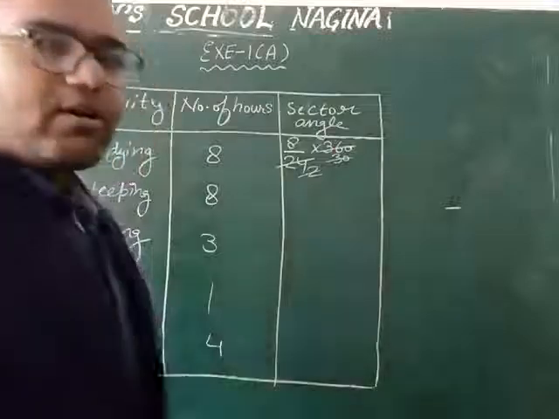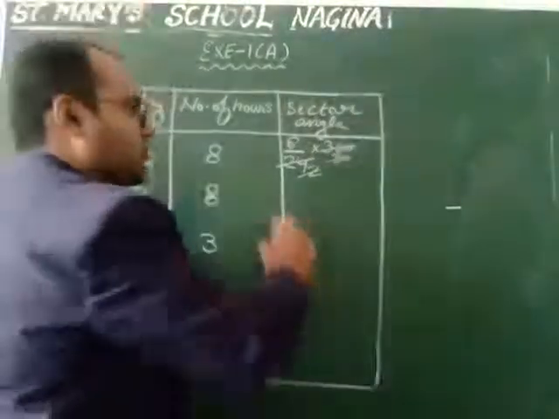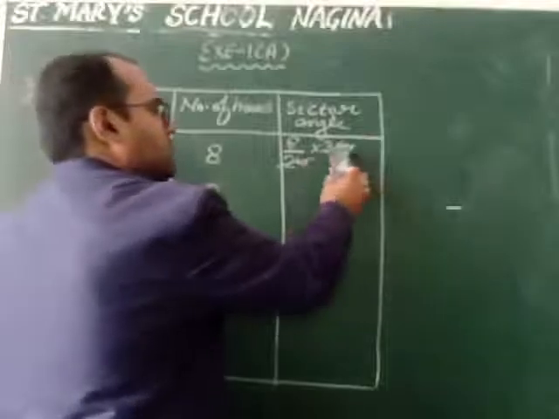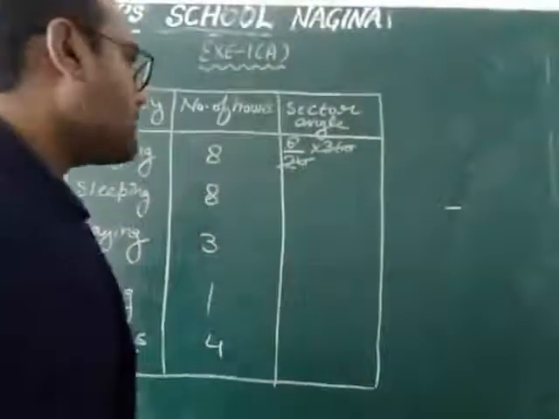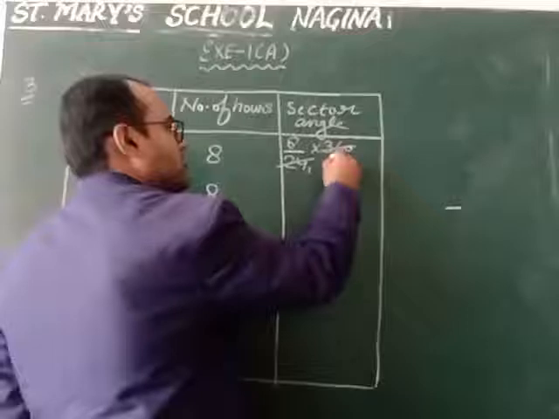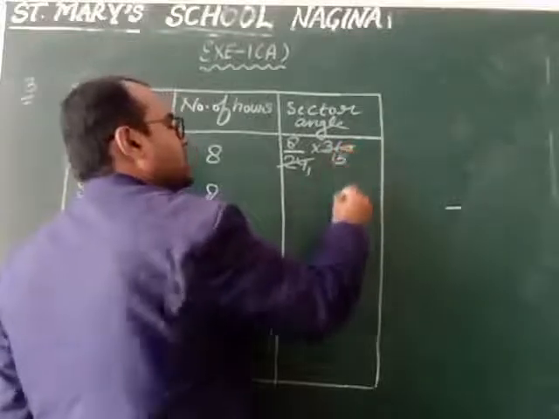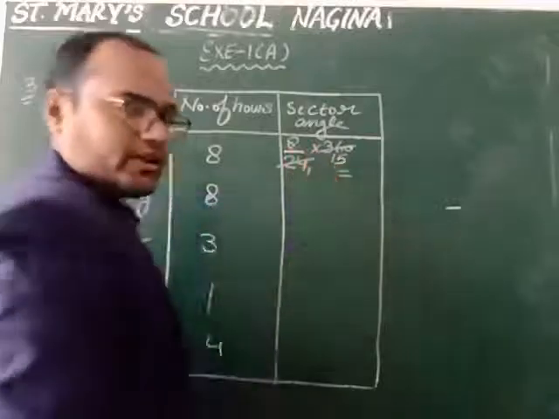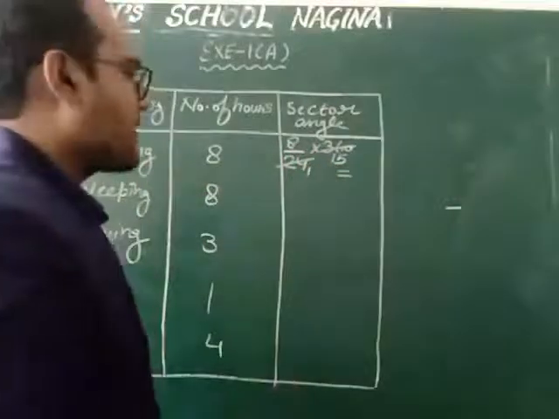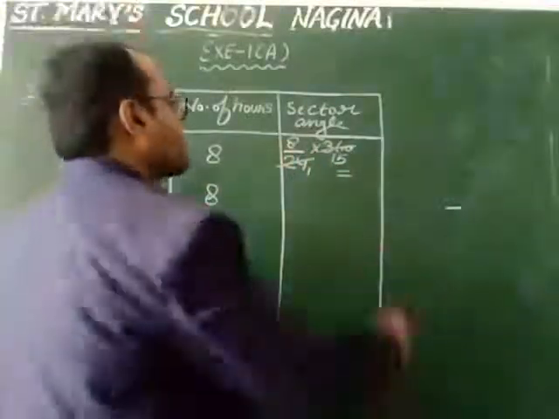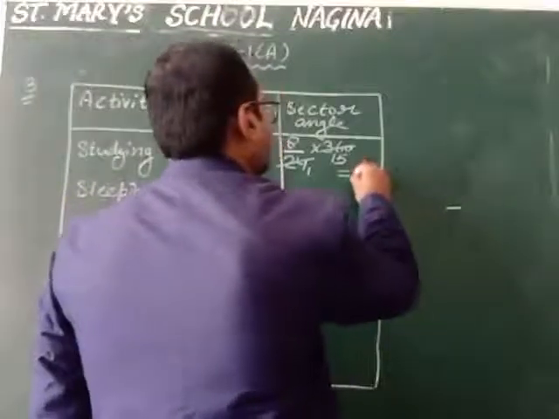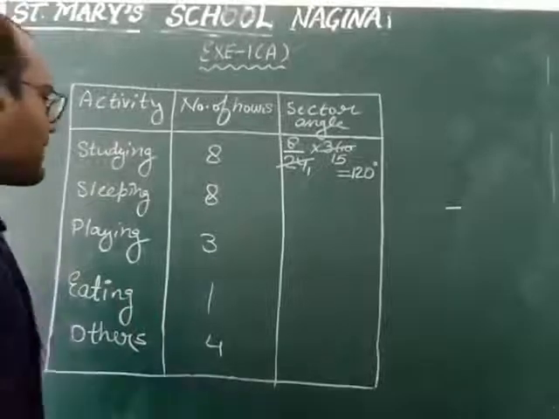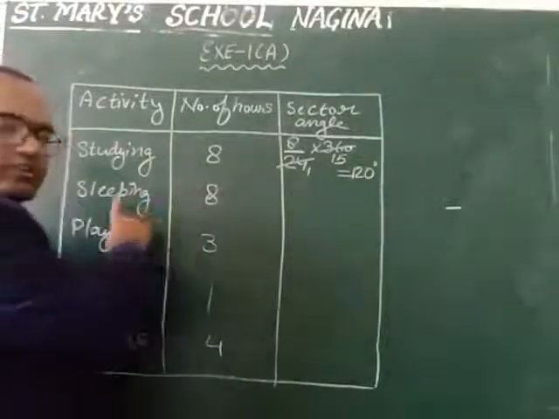Or directly we can cut with the table of 24. 24 ones are 24, and this one will be 24 fifteens are 360. Now we have to multiply this 8 with 15. When we multiply these two, we will get 120 degree.